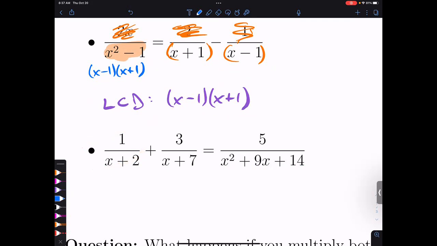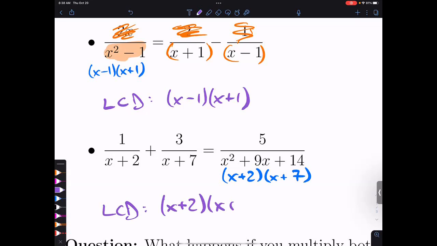What are they? 2 and 7. Okay, so we've got these two things that match. X plus 2 here and here. X plus 7 here and here. This is the product of those two things. So what's the common denominator? Common multiple. X plus 2 times x plus 7.